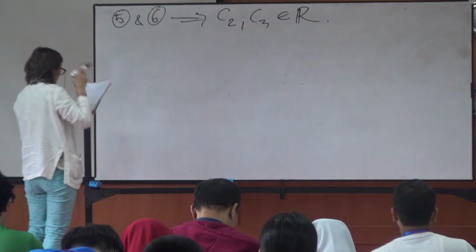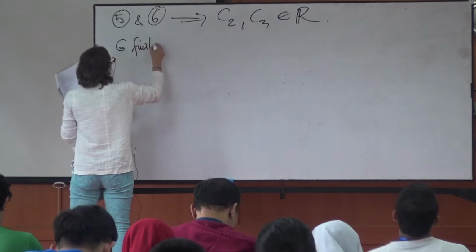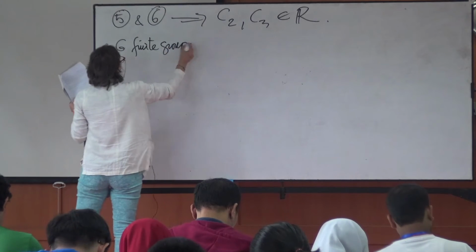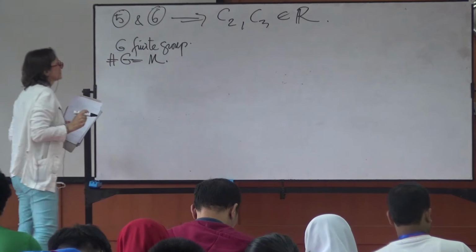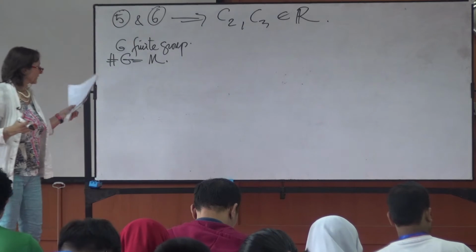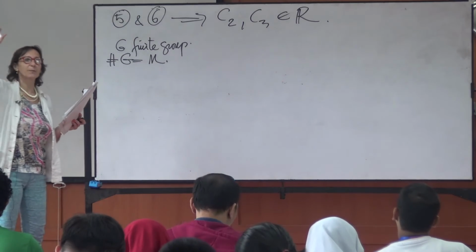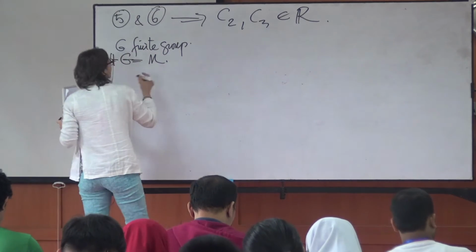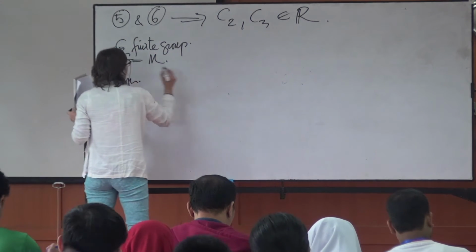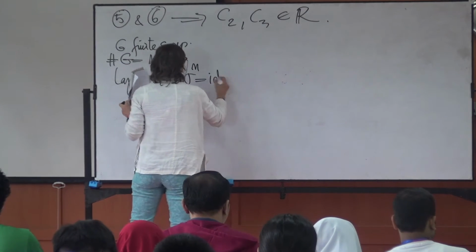So G is a finite group. Suppose that the cardinality of G is n. If we have a finite group of cardinality n, Lagrange's theorem tells us that every element to the power n has to be the identity. So sigma to the n is equal to the identity.